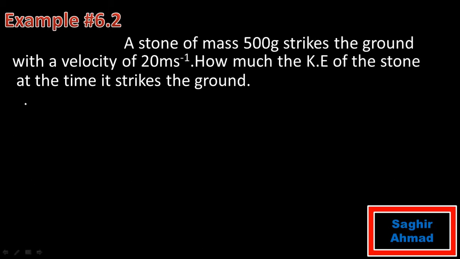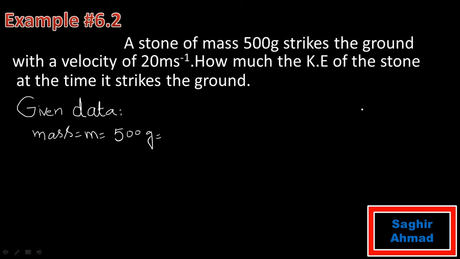In this example the given data is: first of all mass is given, and you know that mass is denoted by small m. Mass is equal to small m, and that is equal to 500 gram.